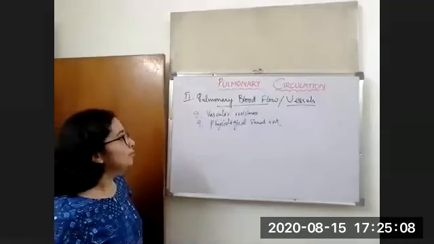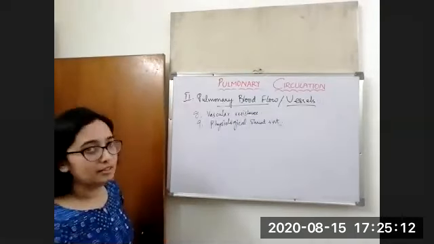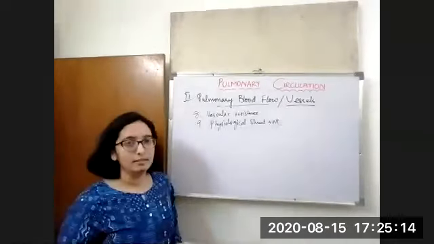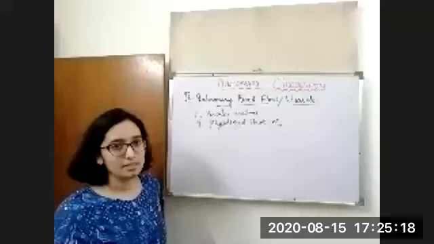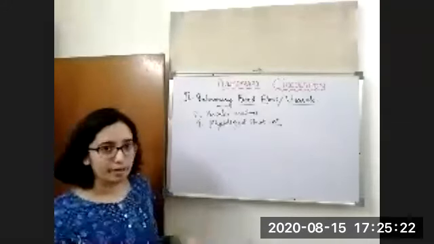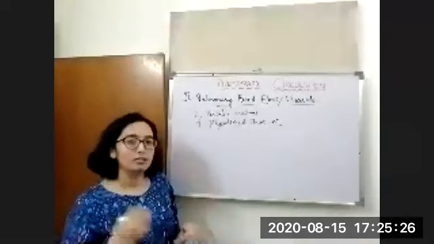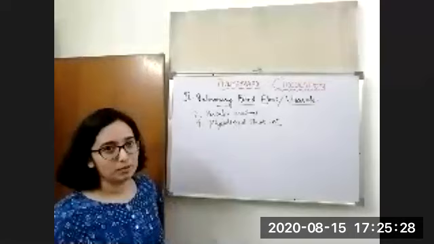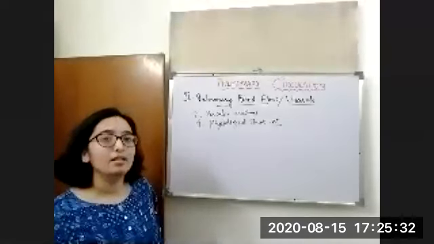So what are the points we saw in pulmonary blood vessels? They are thin, they are highly elastic, the vascular resistance is very low, and the smooth muscle fibers are very few in true arterioles as compared to the systemic arterioles. Also, the vessels generally have a very thin smooth muscle layer, which helps in decreasing the vascular resistance.